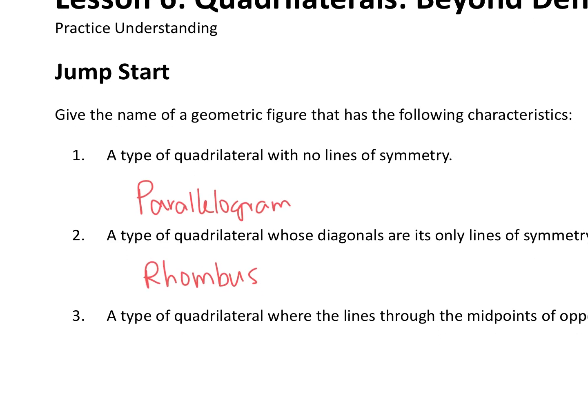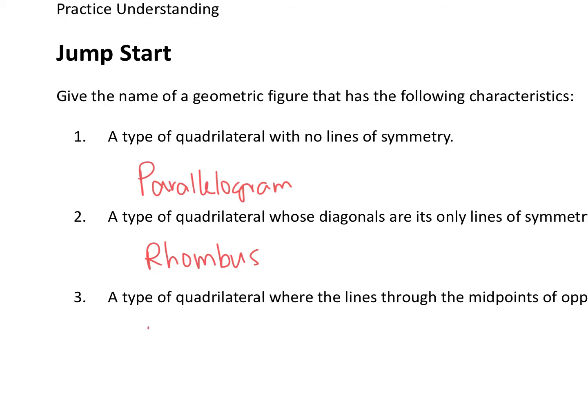All right, number 3. A type of quadrilateral where the lines through the midpoints of opposite sides are lines of symmetry. So that was, looking back at 6.4, a rectangle. And it doesn't say only the lines through the midpoints of opposite sides are lines of symmetry.